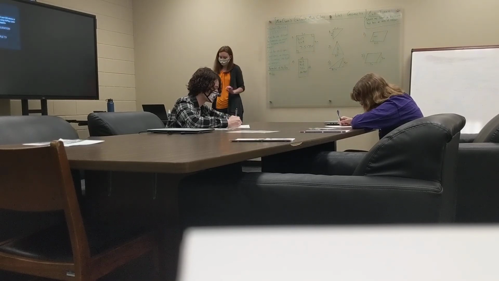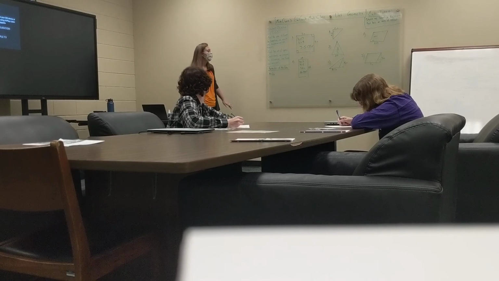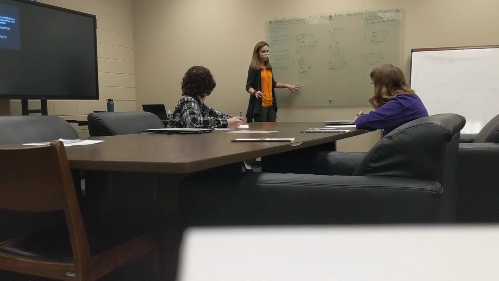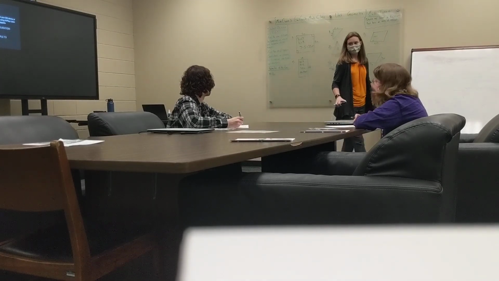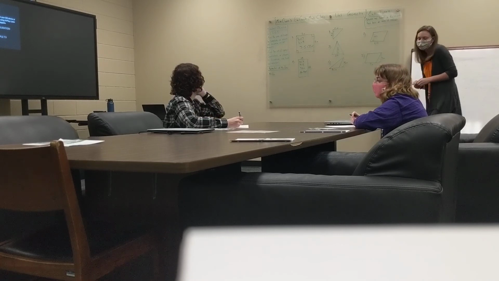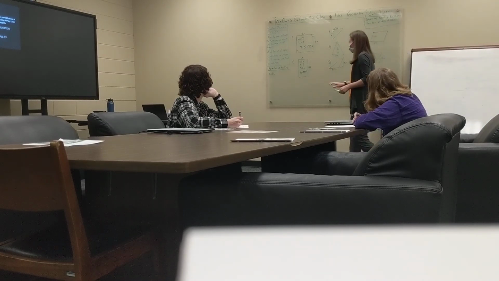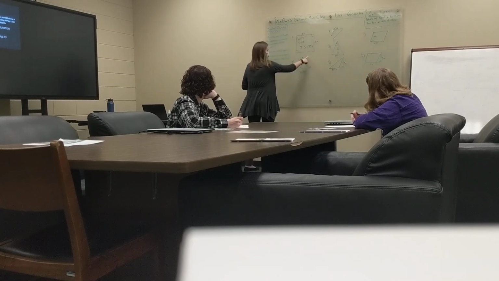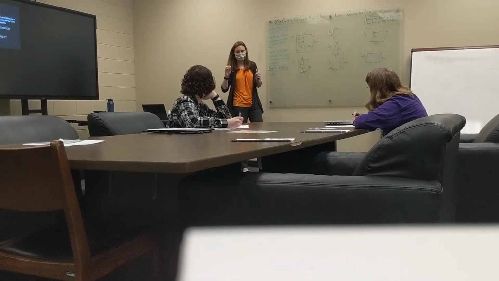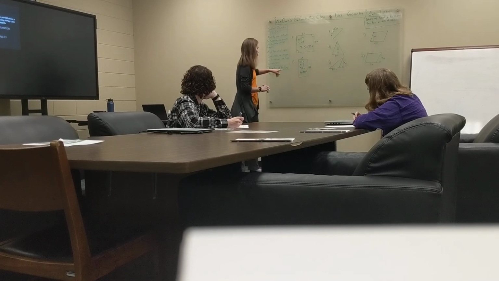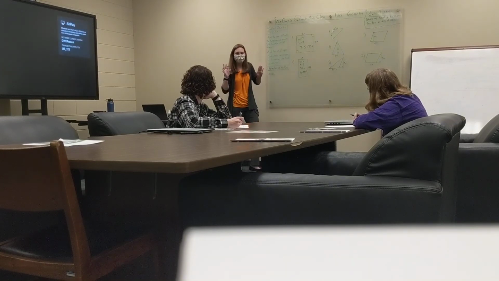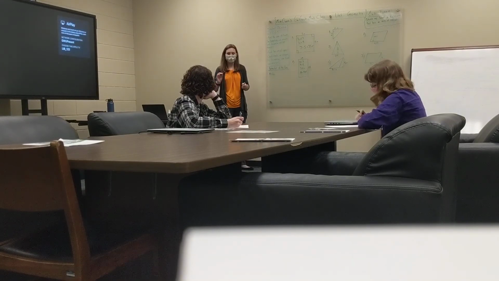Does anyone have any questions about the area of a rectangle? Yes, Micah. Why is the feet squared at the end? The feet squared is at the end because when you're multiplying two different measurements, it's going to be squared because it represents the area. And we have to make sure that we are measuring in units.